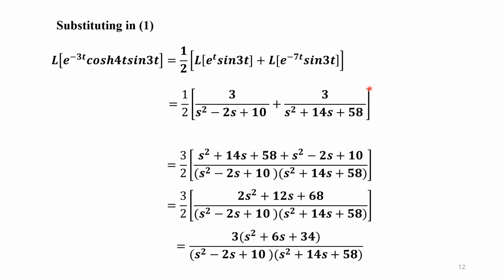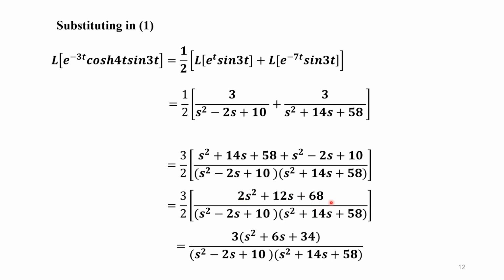Either we can leave the answer till here, or you can just cross multiply. 3 can be taken common, just to cross multiply. So s square plus 14s plus 58 plus s square minus 2s plus 10 upon this into this. s square plus s square is 2s square. 14s minus 2s is 12s. 58 plus 10 is 68. Upon denominator remains the same.